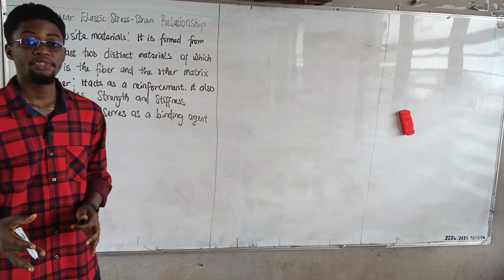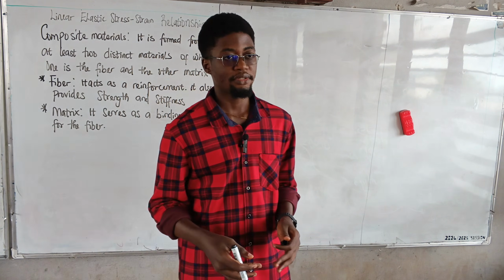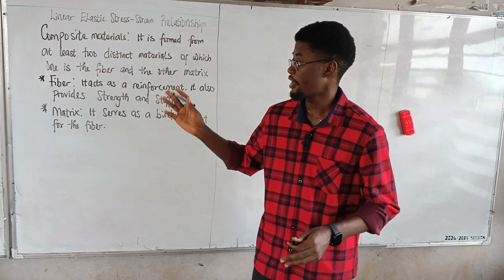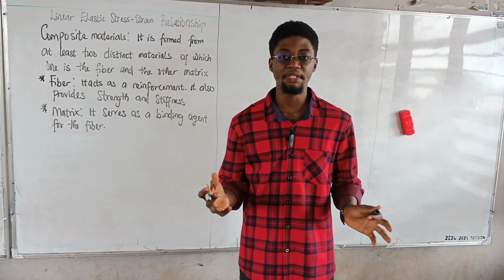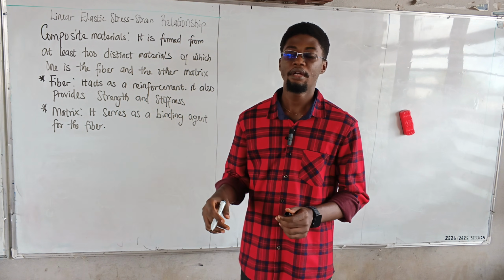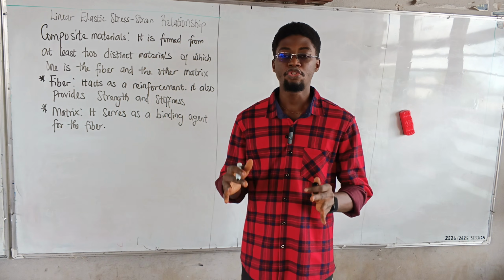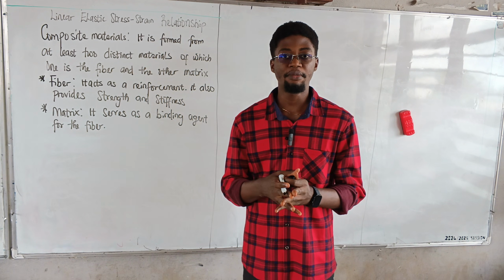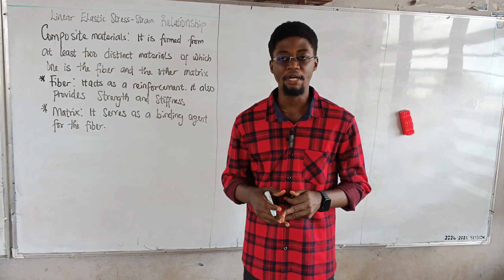So every composite material is made up of two or more distinct materials, a fiber and a matrix. The fiber serves as a reinforcement. It provides strength and stiffness to the material, while the matrix just binds the fibers together, holds them together. That's the meaning of fiber and matrix.